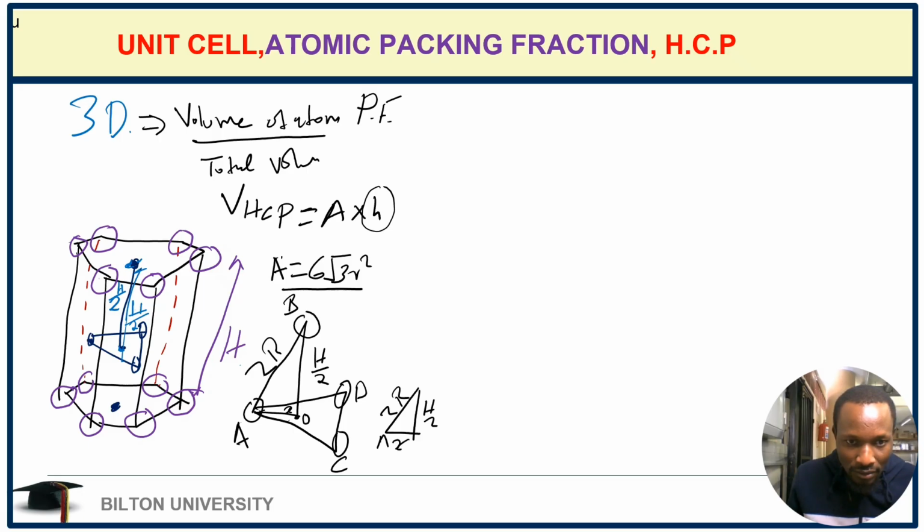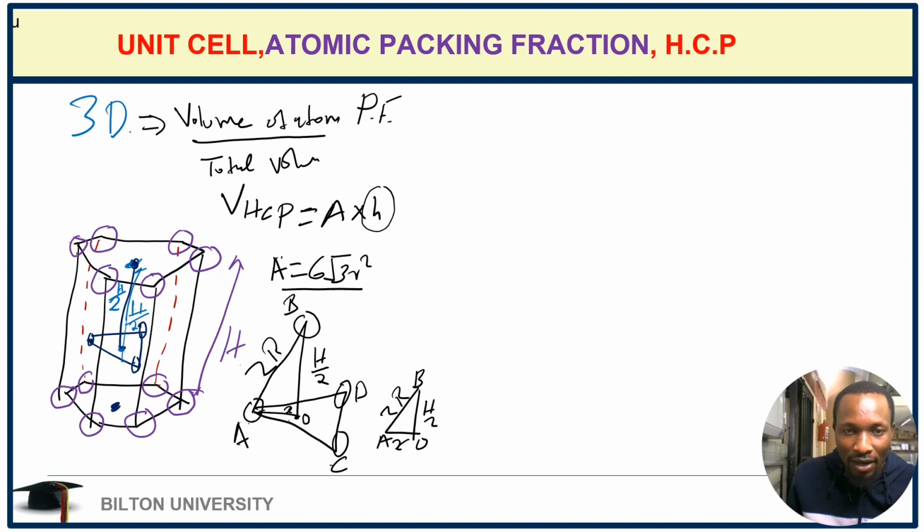Remember, this is A, this is B, and this is O. I want you to remember that this O is the middle point between A and C and A and D. It is not any of these atoms D and C. No.